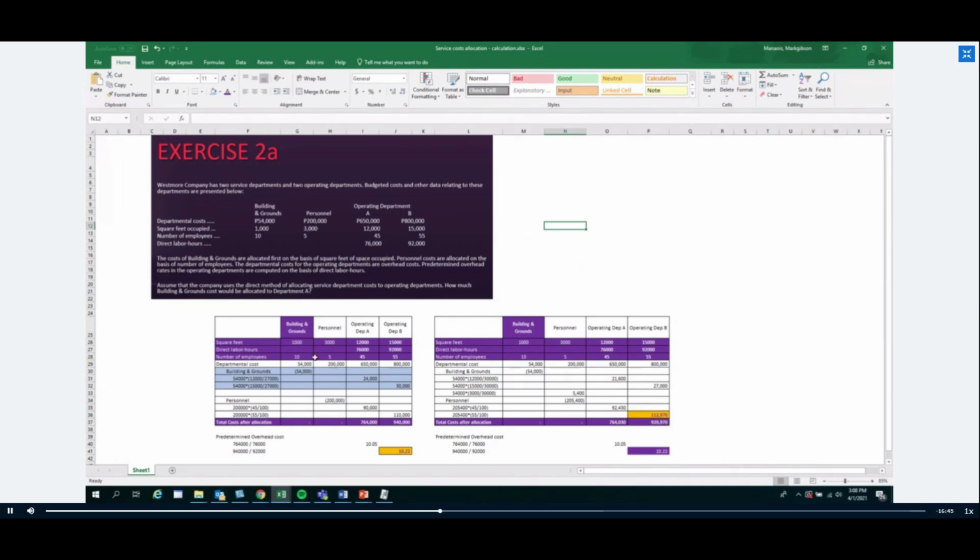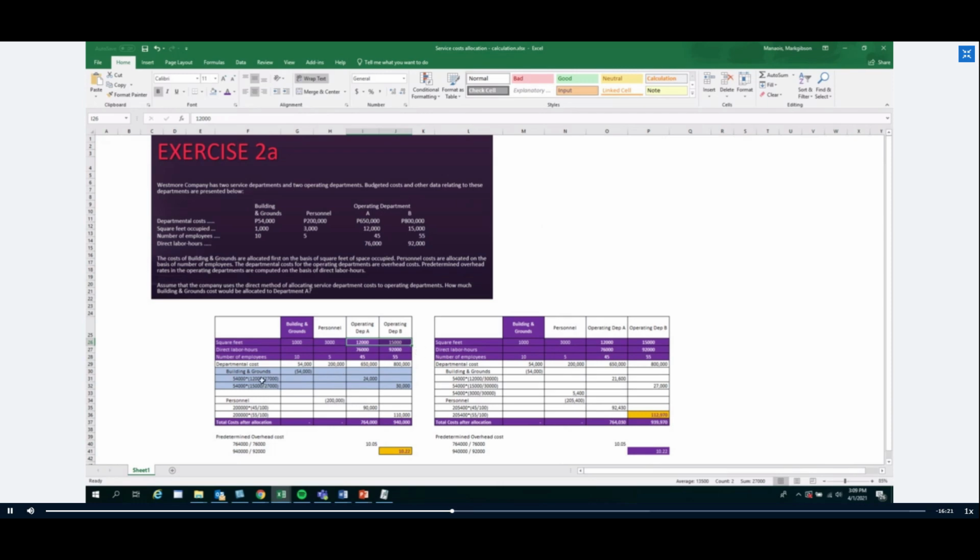How much is the cost? 54,000. So you have 54,000. Using direct method, you have to allocate it between operating A and operating B on the basis of square foot or square feet, no? So square feet, total of Department A and Department B is 27,000.